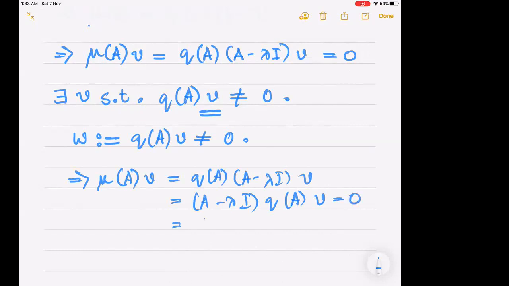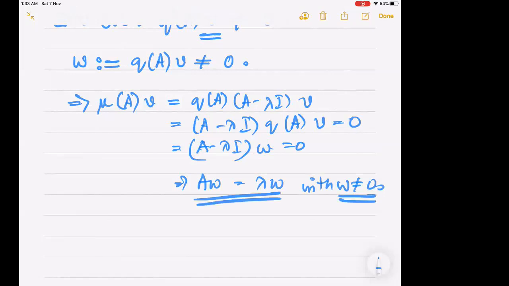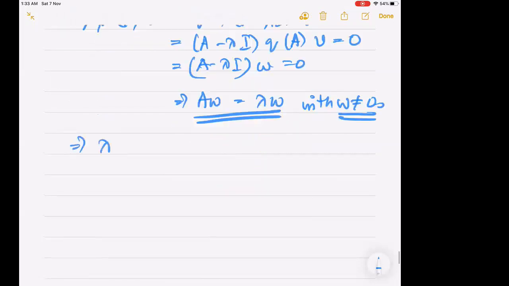This is the same as (A minus lambda I) w equal to 0. But that means Aw is equal to lambda w, with w not equal to 0. So here I have a non-zero vector which satisfies this equation. So this must be an eigenvector, which means lambda must be an eigenvalue.